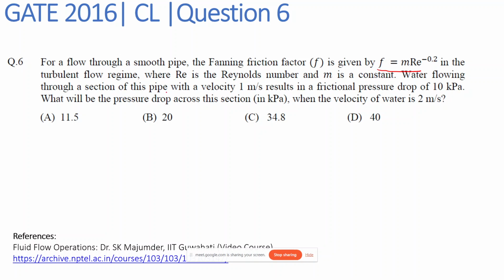Water flowing through this section of pipe with a velocity of 1 meter per second results in a frictional pressure drop of 10 kilopascal. What will be the pressure drop across this section in kilopascal when the velocity of water is 2 meter per second? So we will again take a look at the video solution.